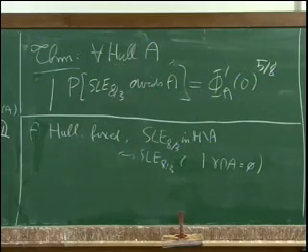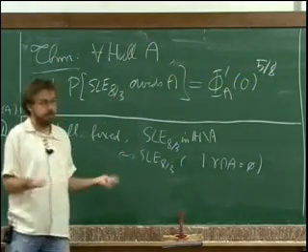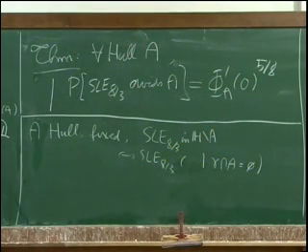So I have two distributions on curves in the complement of A, and I want to know if they are the same. So the way to do that is to fix B a hull.